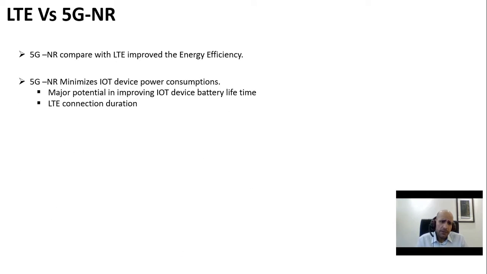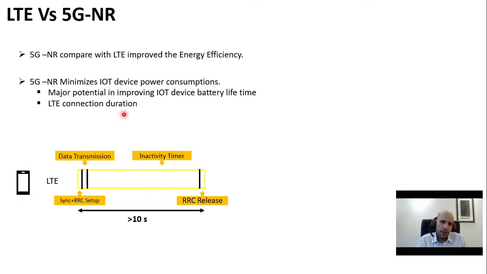5G NR compared with LTE also improved energy efficiency, and the final difference is that 5G NR minimizes IoT device power consumption. There is major potential in improving IoT device battery lifetime and reducing LTE connection duration. If I show you in these pictures, you can see the major potential in improving the IoT device battery life.